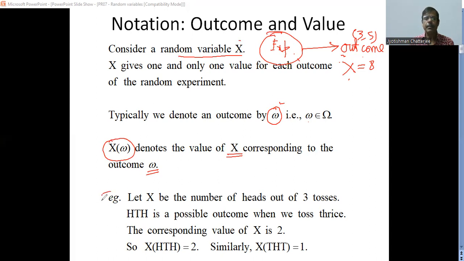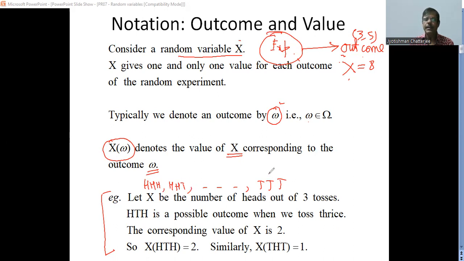Let's take an example. This one. We are tossing a coin 3 times. So the possible outcomes are HHH, HHT up to TTT. Now, in this example, we are counting the total number of heads out of the 3 tosses.